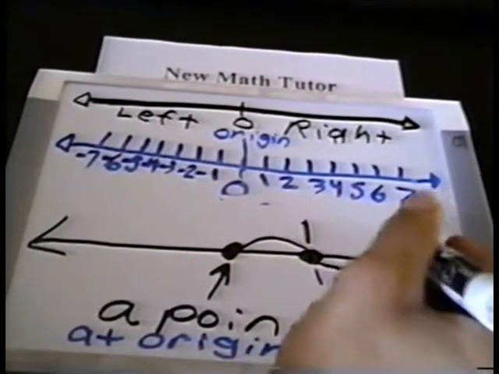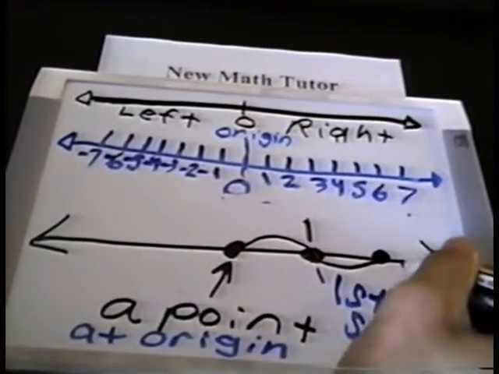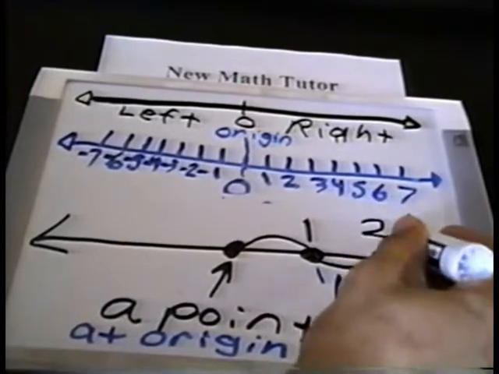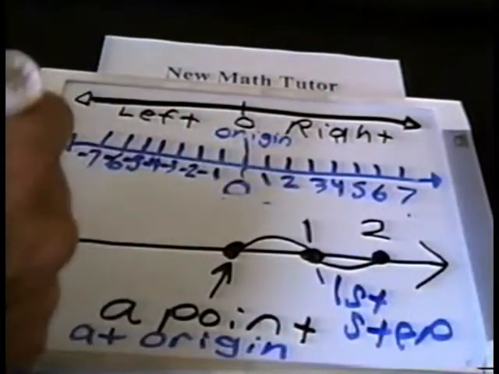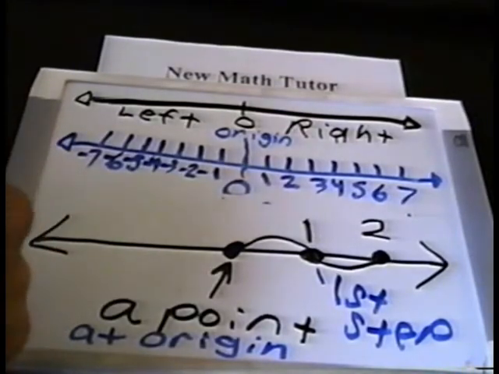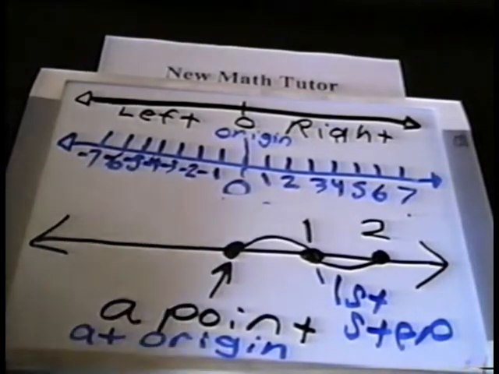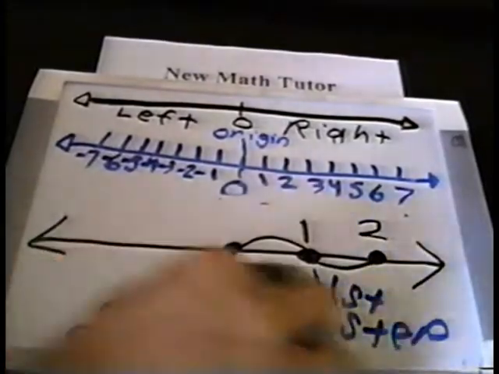Now in a movement in a straight line, that's your first step. You get to number 1. And then each successive movement is the next one. That would be your second step, or 2.